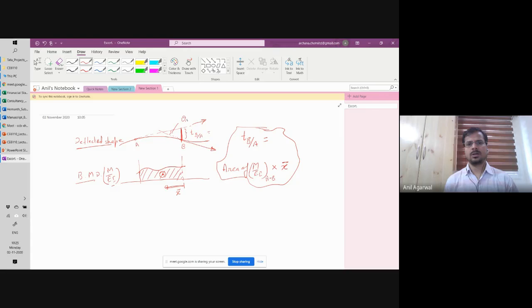Okay, you can call it theta. I don't remember whether it's called theta AB or BA, so I'll just call it theta. Theta is equal to the area of M/EI between A to B. This was the first part of this theorem.